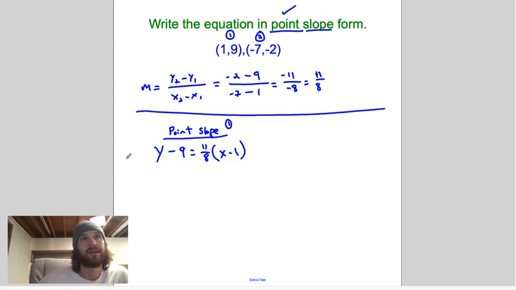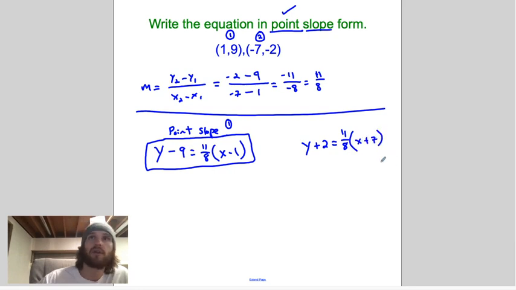Done. Cha-ching! Game over. Okay, if you chose point 2, your answer would be y minus negative 2, which is y plus 2, equals 11 over 8 times x plus 7, changing the sign. Pretty exciting.